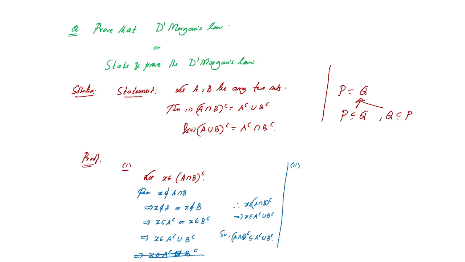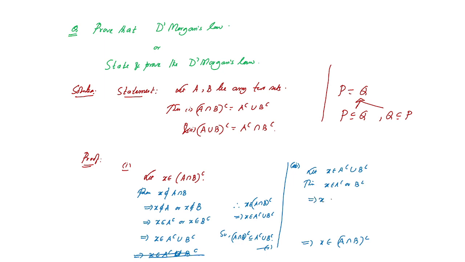Now we continue with the second part of Roman one. Let X belong to A complement union B complement, and we will show X belongs to (A intersection B) complement. What exactly does it mean? X belongs to A complement or B complement.